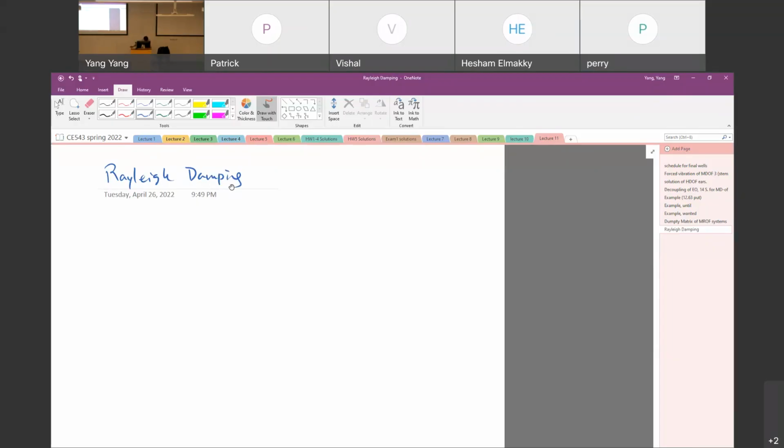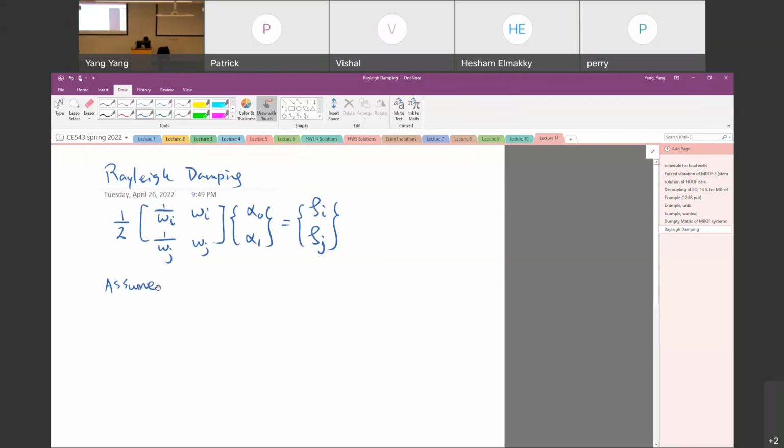Based on some calculation, you should have the equation: one half times alpha 0 over omega i plus alpha 1 omega i equal to theta i, and the same for j.